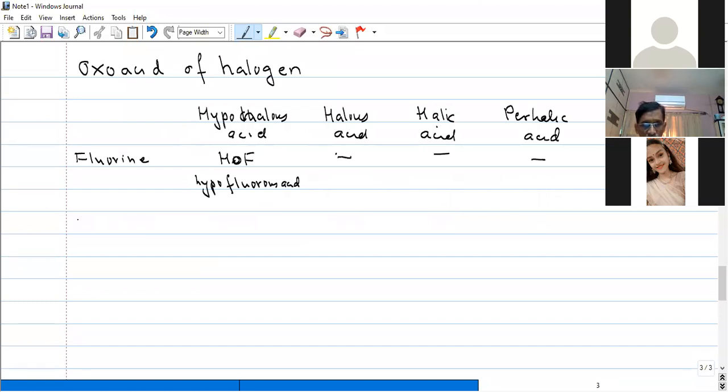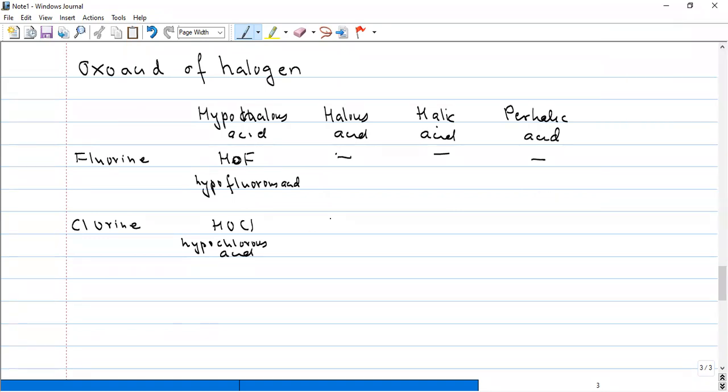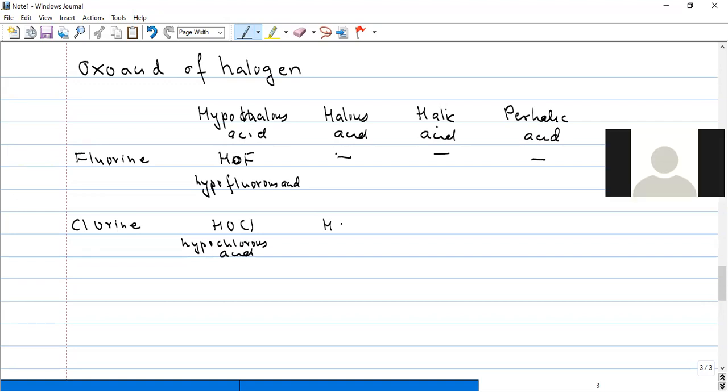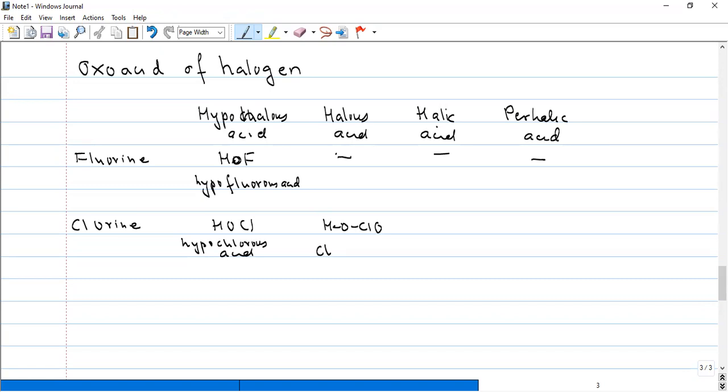Chlorine forms 4 types of acids. HOCl, hypochlorous acid. Then halous acid, this is chlorous acid.